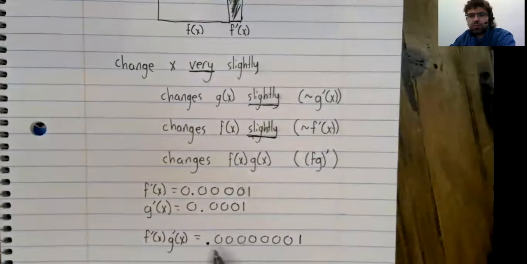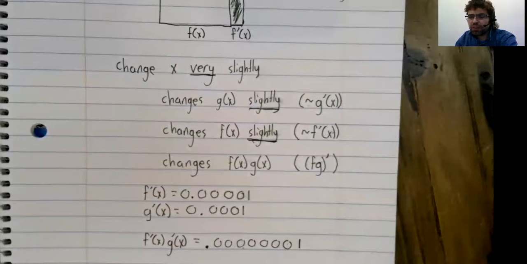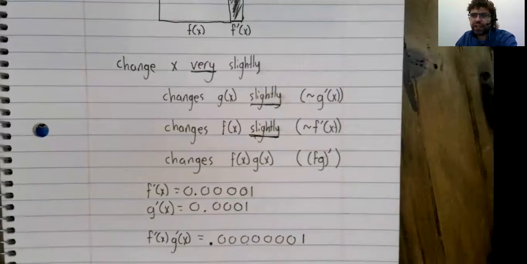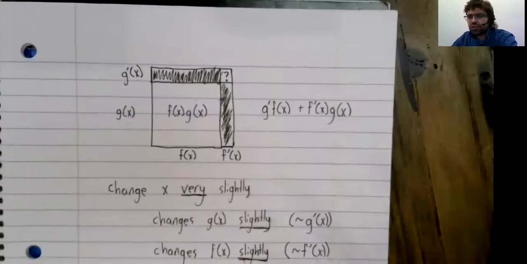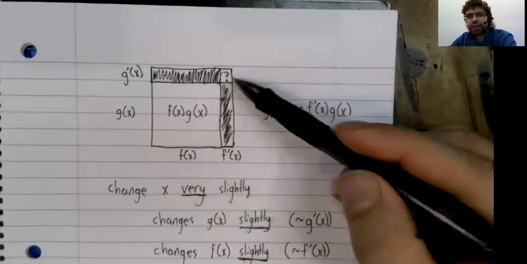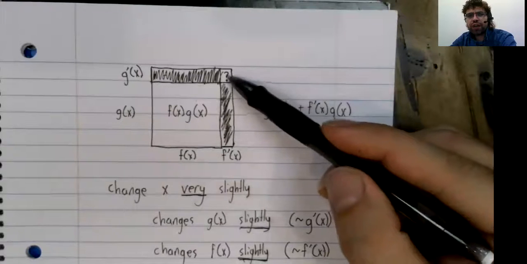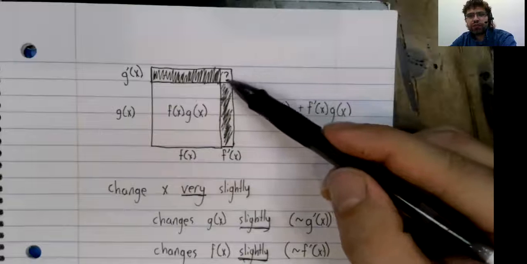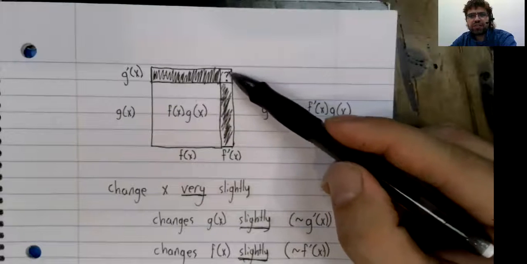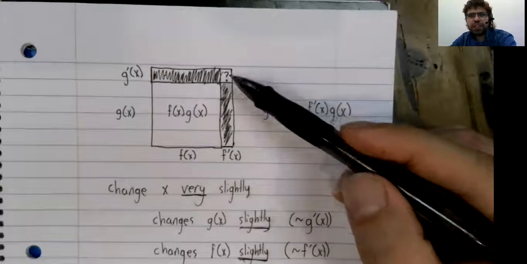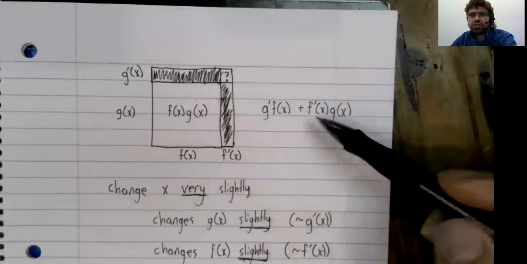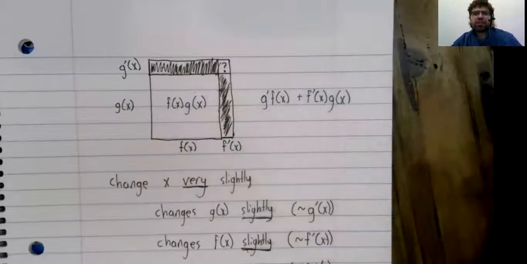This is so small that we can get away with just ignoring it, which is why f prime times g prime, this very, very insignificant area, doesn't show up in the product rule.